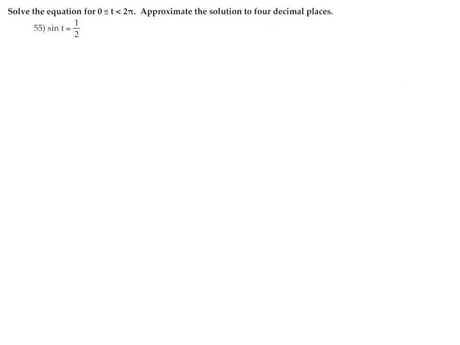For this question, we are only looking for the solutions within the first circle. It does say approximate the solution to 4 decimal places, so we're back to our calculator. Notice, because of the pi in our equation, we need to be in radians. We actually don't need to approximate it, but we will anyway.